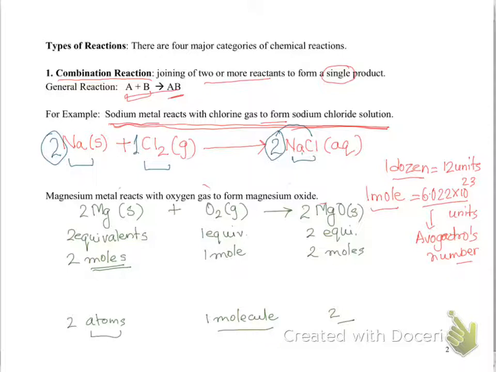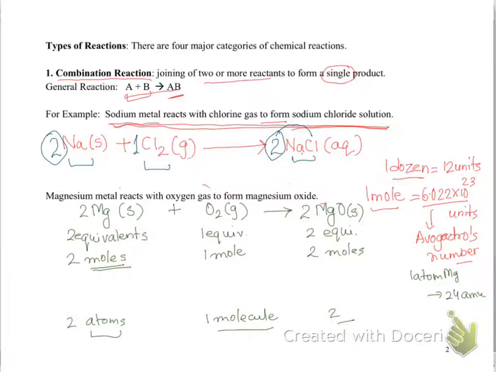The atomic mass of magnesium is 12. Did I just say 12? No, it's magnesium, 24. The atomic mass of magnesium is 24. That means 1 atom of magnesium has an atomic mass of 24 AMU.